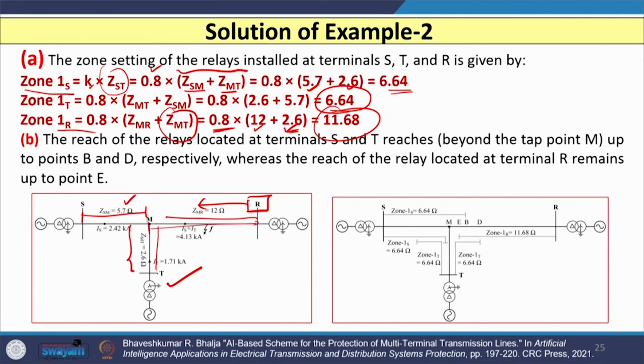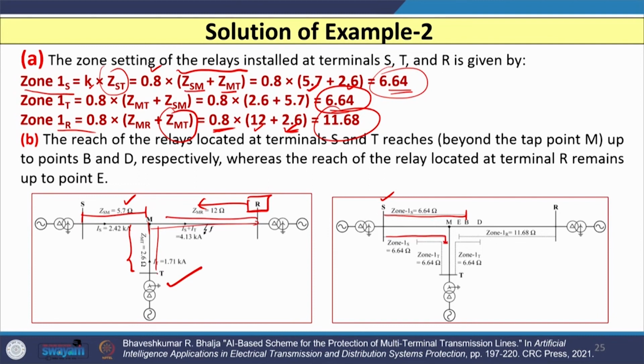If I draw the overlapping zones, then you can see the reach of the relay I have shown here. You can see zone 1 of the relay located at S, that is 6.64. So, that will go up to this point B for this main line, and it may go up to, let us say, somewhere here for this tap section.